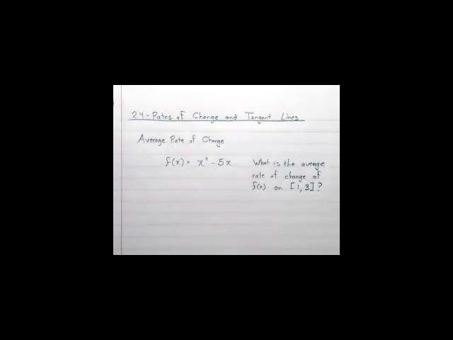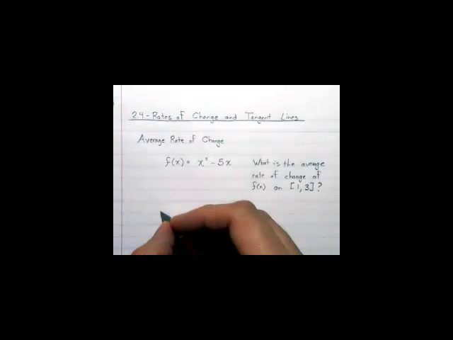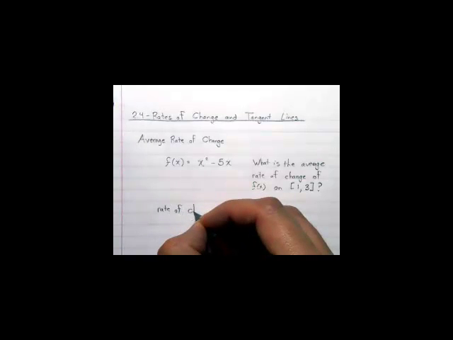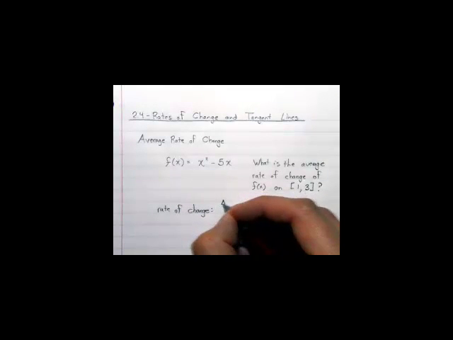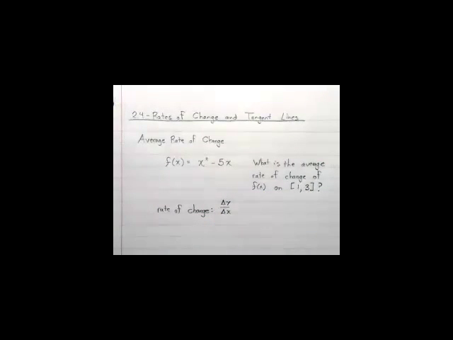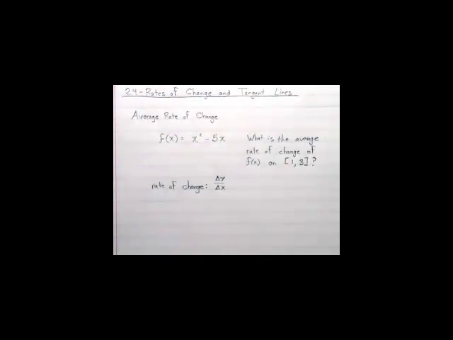Okay? So the average rate of change, if it's a slope, think about it like change in y over change in x. Okay, well the change in y is f of 3 minus f of 1.